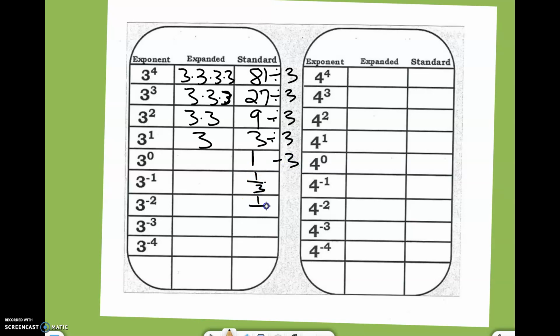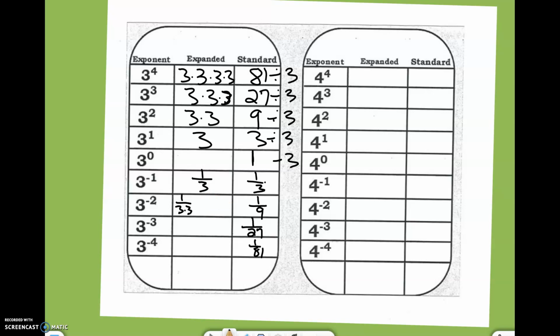1/3 divided by 3 is 1/9. And then the next one would be what? Catching on? 1/27th. And then 1/81. If we did the expanded version, well, that would be 3 times 3 times 3, whoops, I'm sorry, I put too many 3's there.